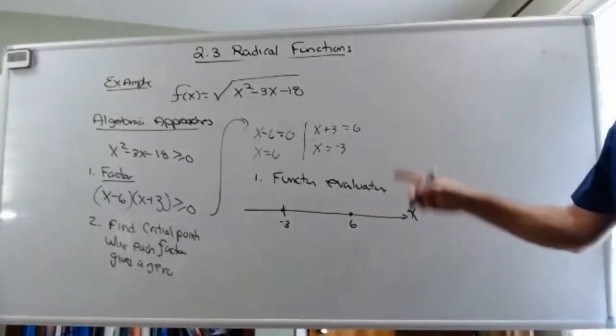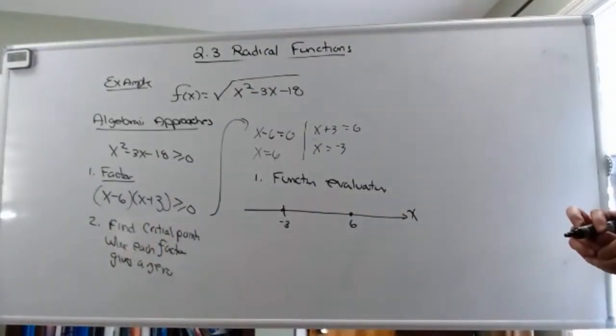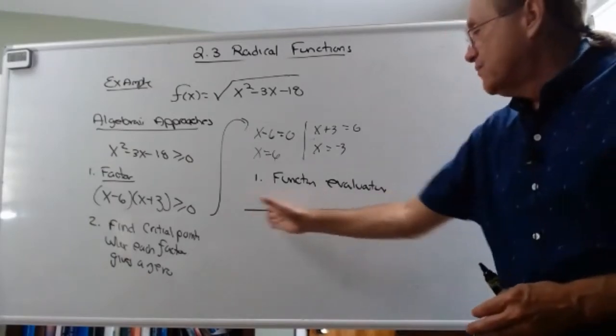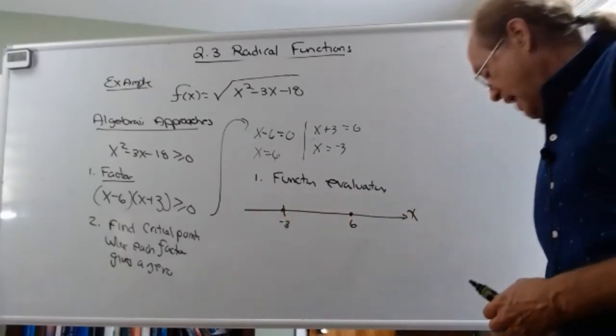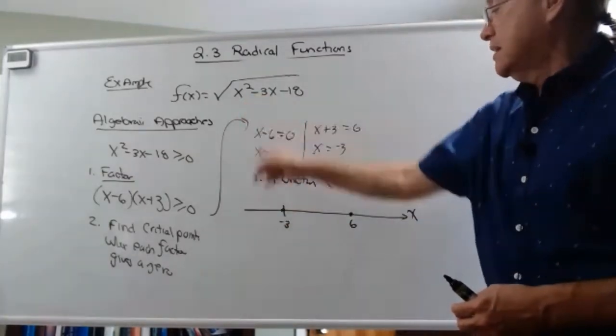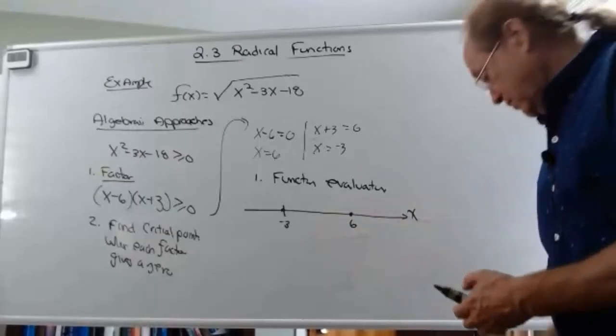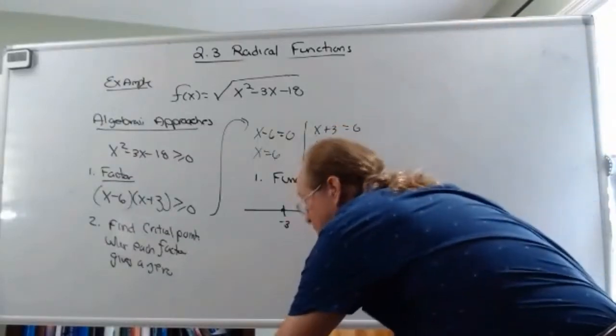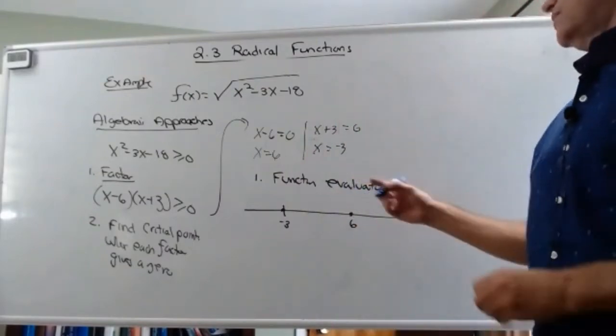Now, remember the x is our domain. We want to fill in what's acceptable and what's not. We know it's going to behave differently as we cross those, so I could evaluate this quadratic in any one of those intervals. So this is going to involve function evaluation.